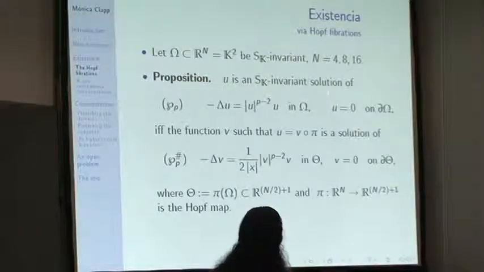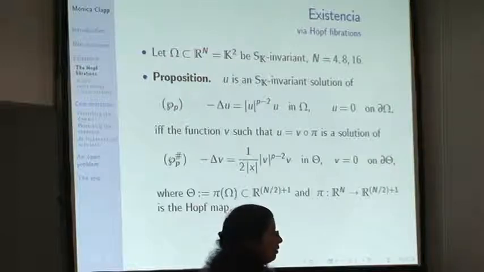An S_K-invariant solution of our original problem corresponds to a solution of this other problem, where this theta is the image of omega under the Hopf map. So this means that theta is in dimension n/2+1 when omega is in dimension n.